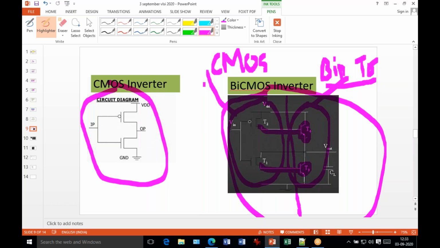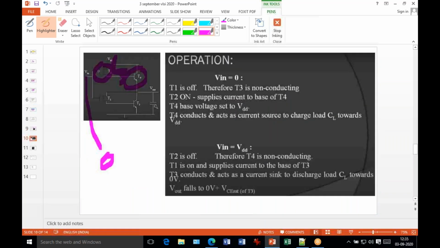In this case, the connection is established from VDD to here. VDD is your DC supply, and if this connection is available, the base current of the P1 transistor in the upper side is available.